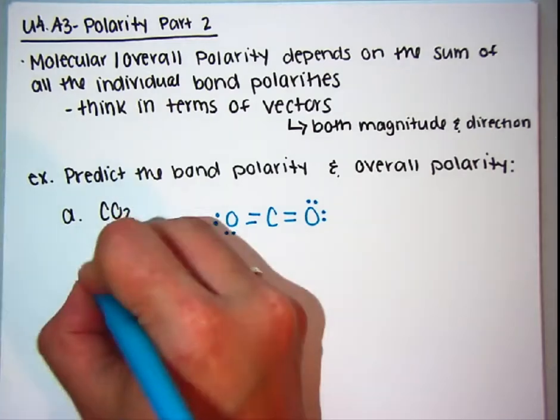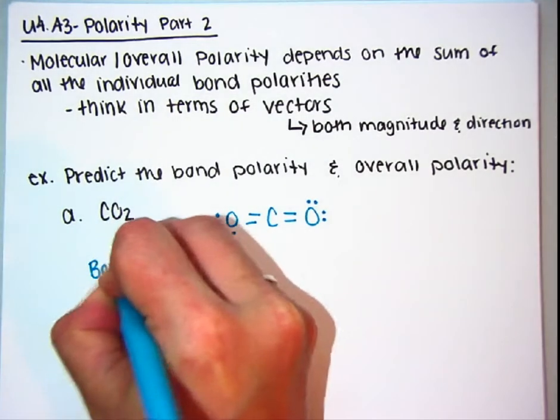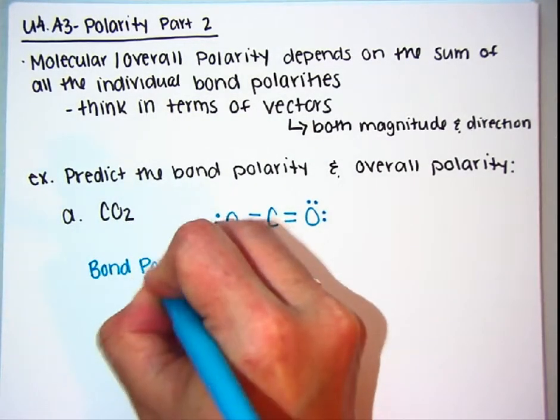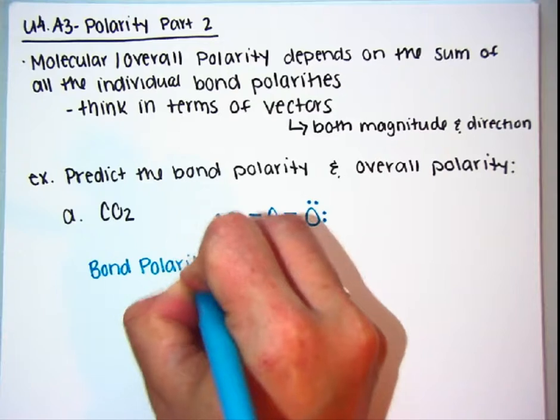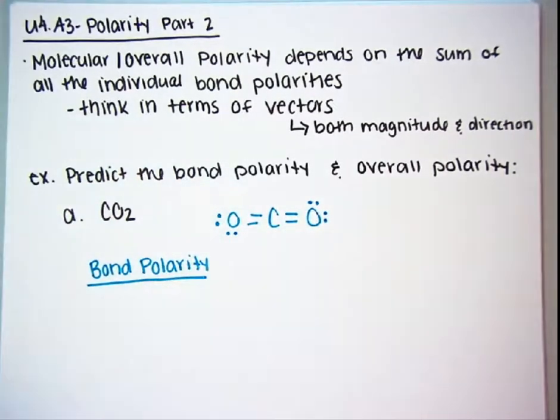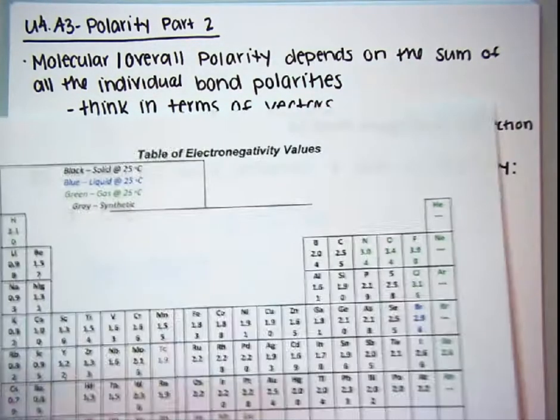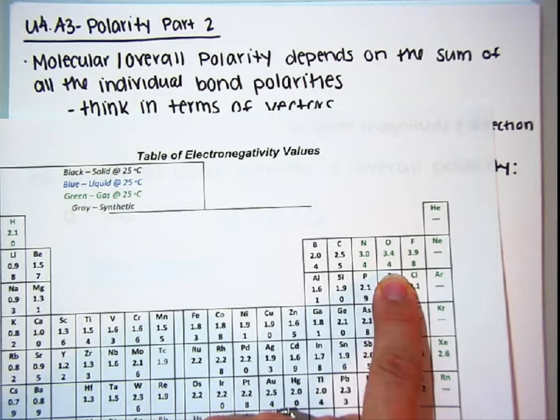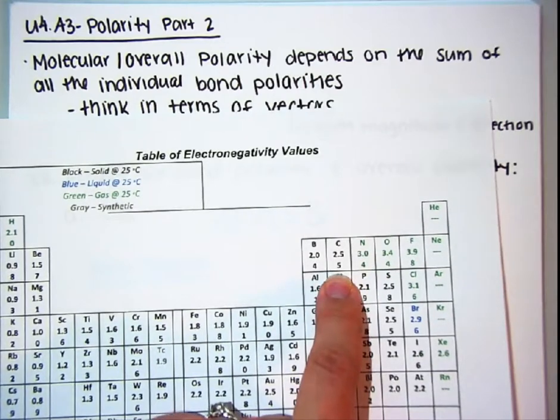Let's start with bond polarity. Bond polarity depends on the difference in electronegativity. So I want to use my Honors Chemistry resource packet. Oxygen 3.44, carbon 2.55.